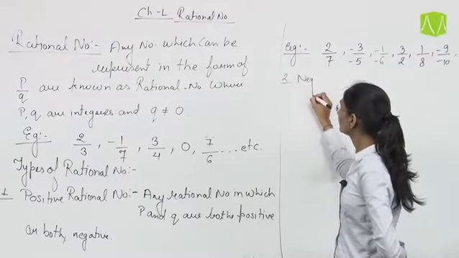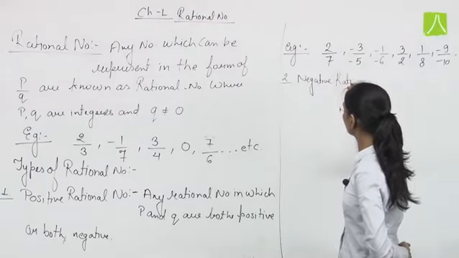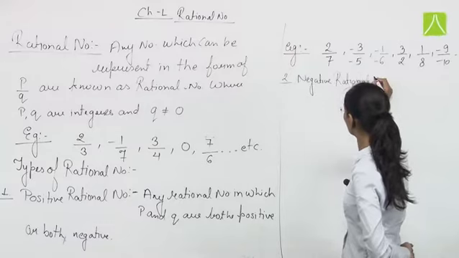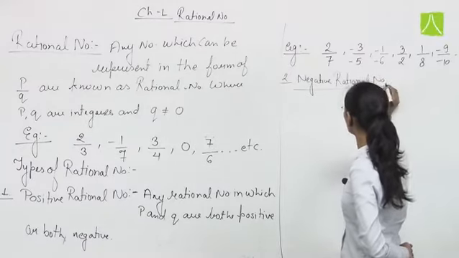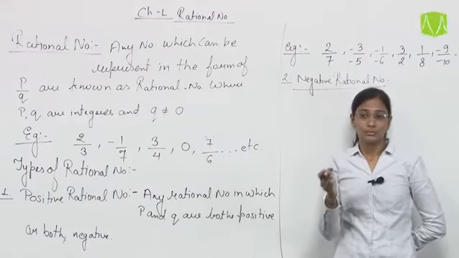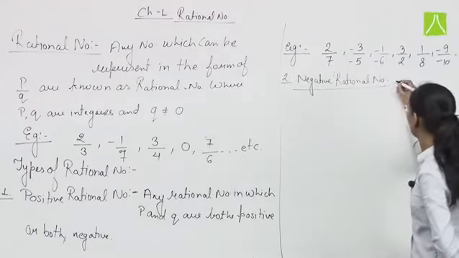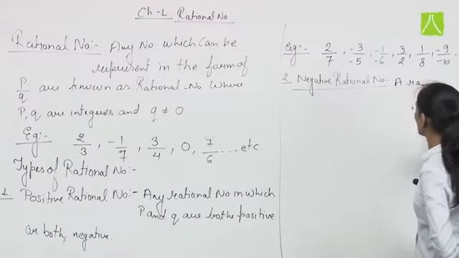Second type, negative rational number. A rational number in which p and q are of opposite signs.